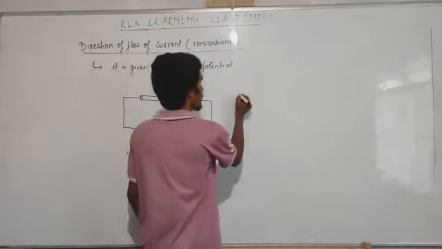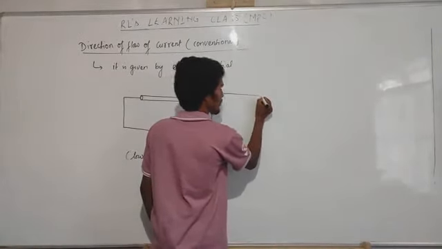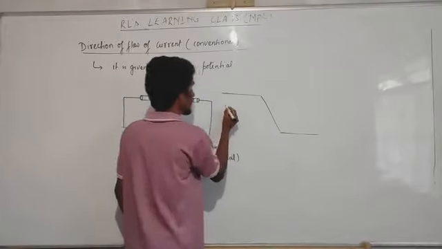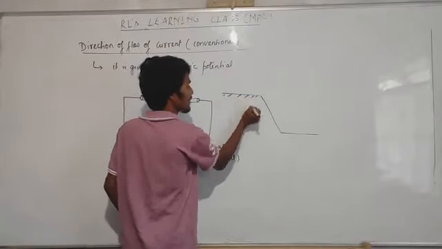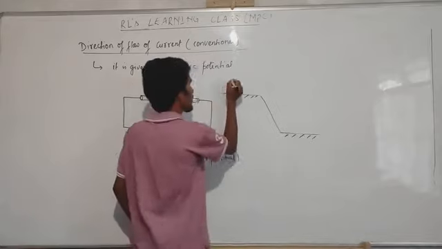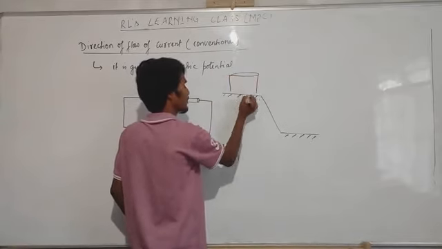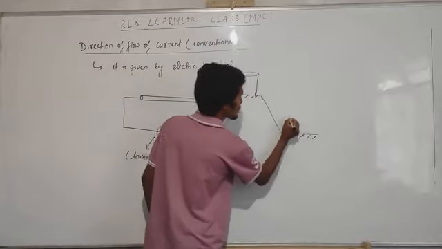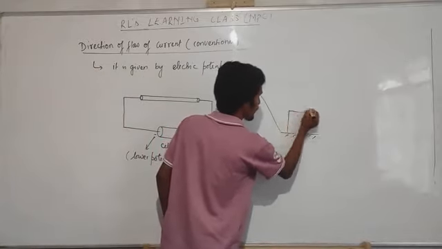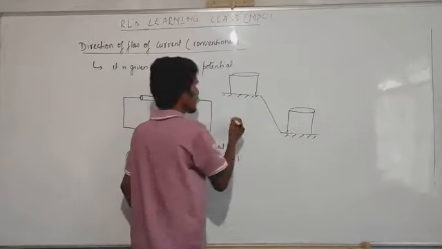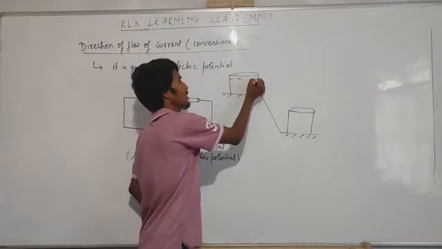For example, let me draw here. Consider this is some ground, and here also there is a ground. For example, here there is one tank, and here also one more tank, and here it is full of water.